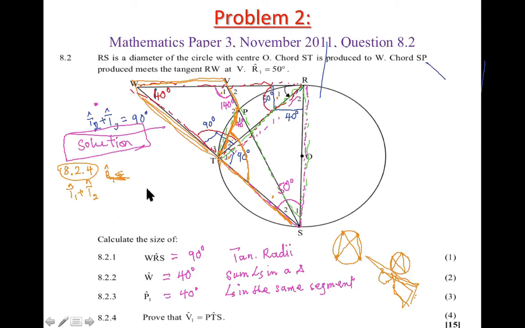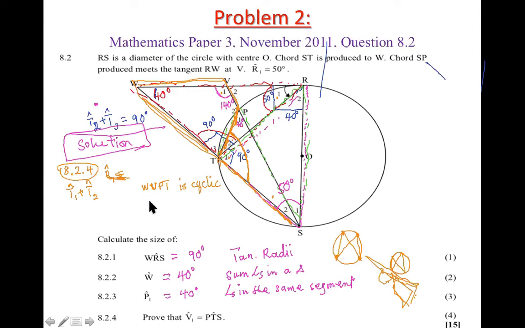You say W, V, P, T is cyclic. That's the first thing. Are you getting it? W, V, P, T is what? Cyclic, because you already proved it.